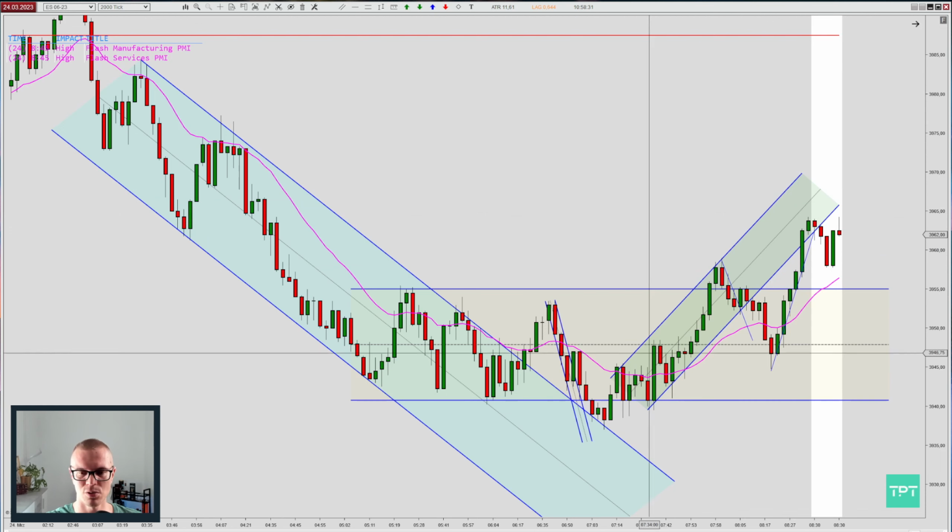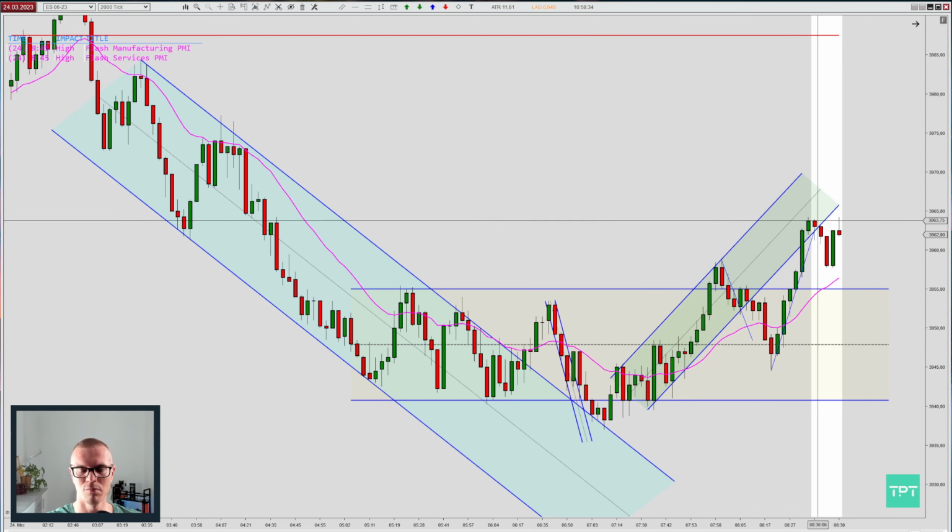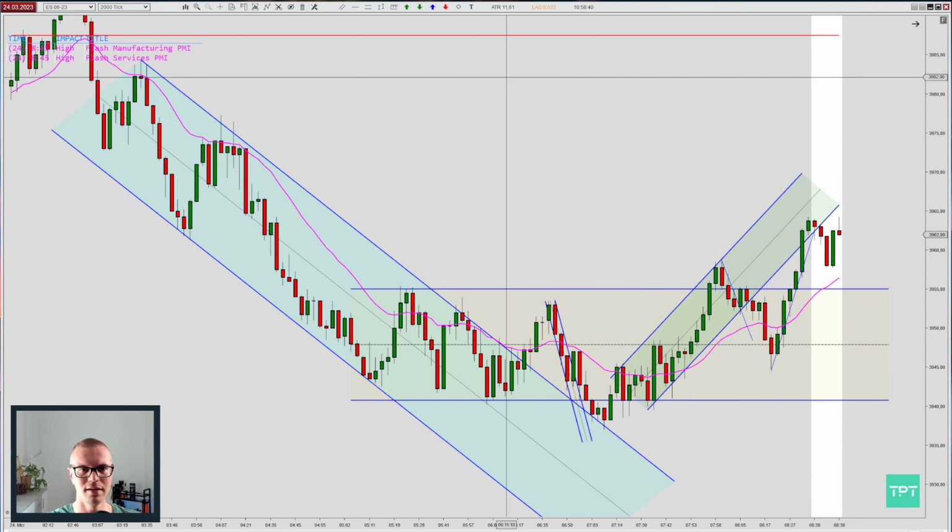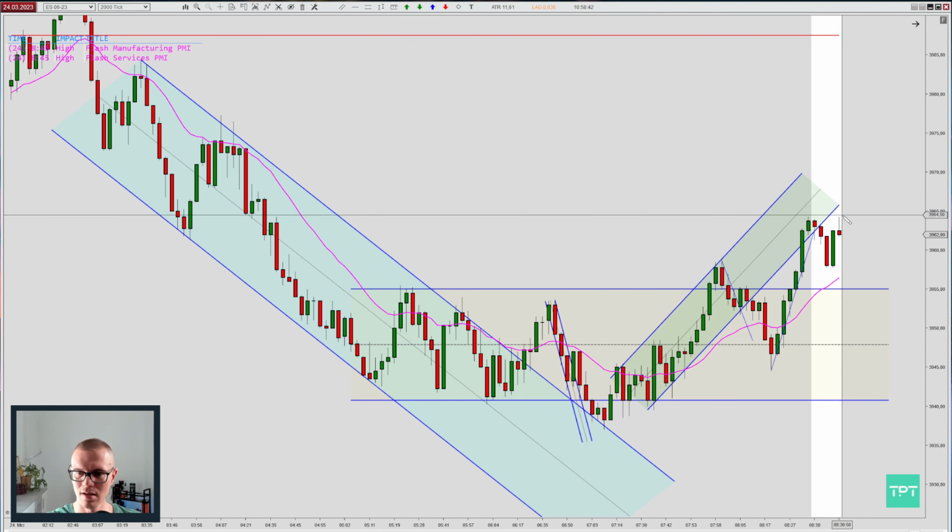And we have this shorter term uptrend here played out with a new extreme. And you can also think about this could be a lower high here. So I really like to take this setup here as a lower high and the failed break higher.